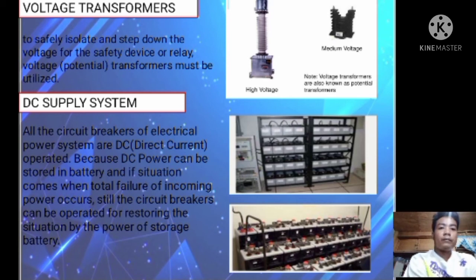So the next is the DC supply system. All the circuit breakers of electrical power system are DC or direct current operated. Because DC power can be stored in battery, and if situations come when total failure of incoming power occurs, still the circuit breakers can be operated for restoring the situation by the power of storage battery.